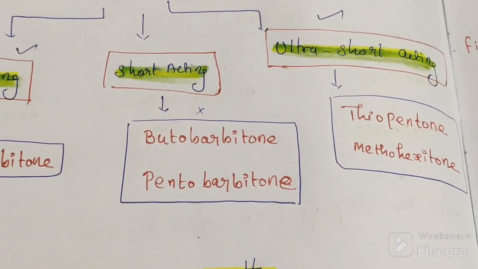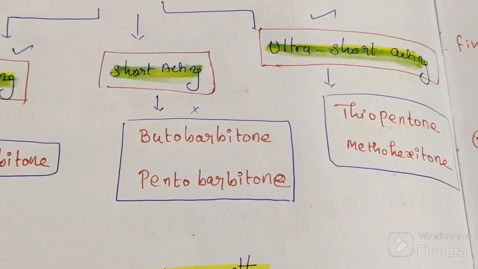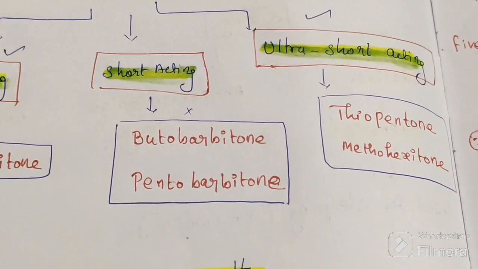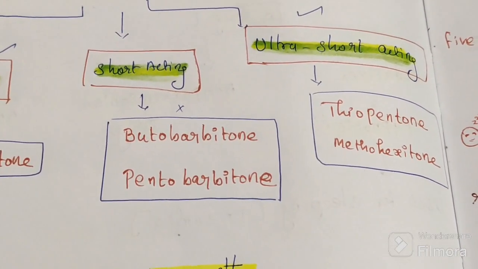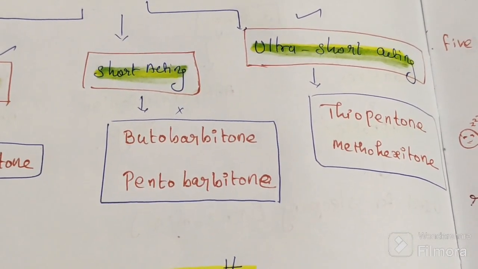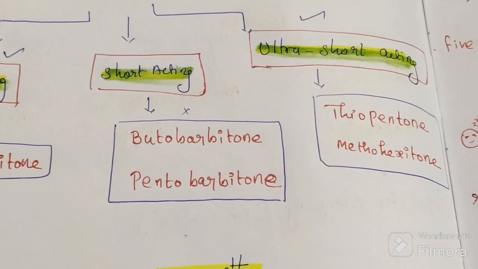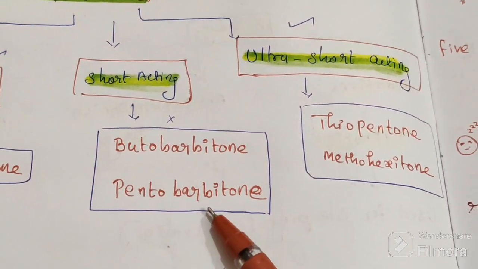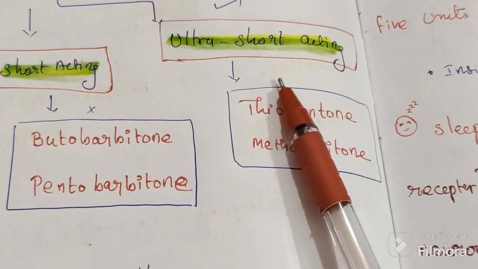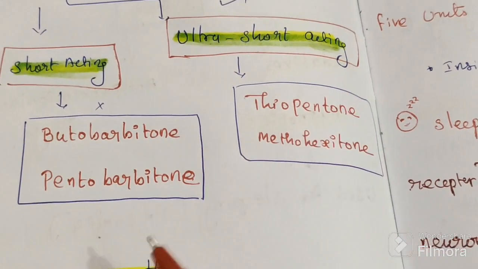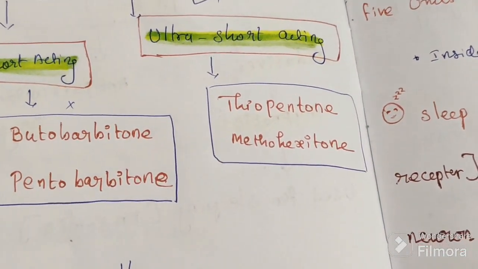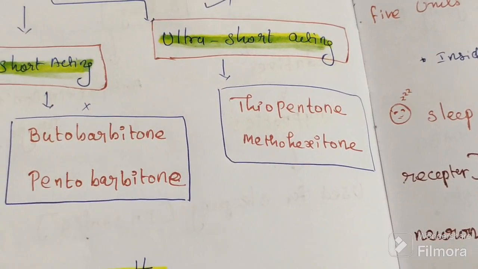In short acting, we have butobarbitone and pentobarbitone, which are not that important. In ultra short acting, we have thiopentone and methohexitone.